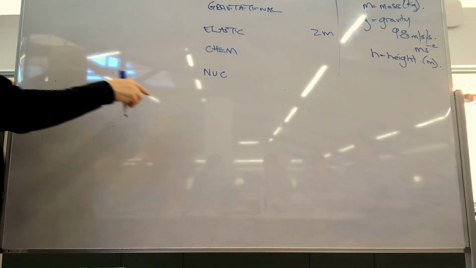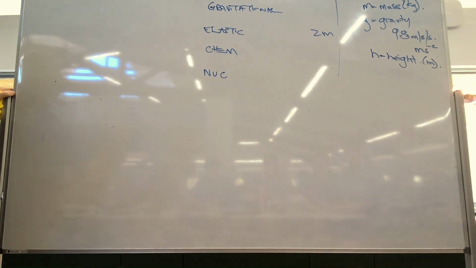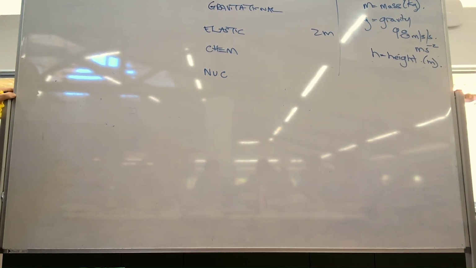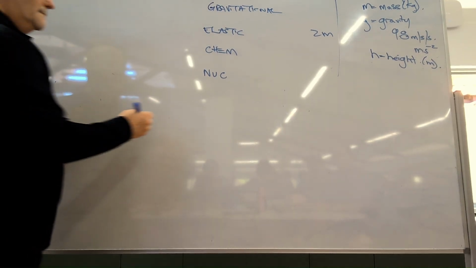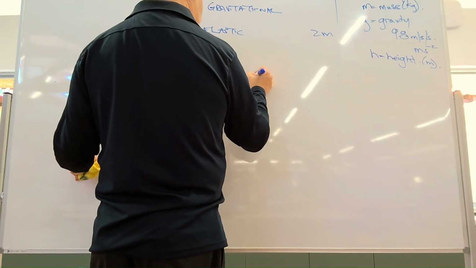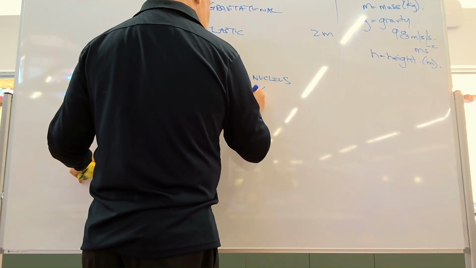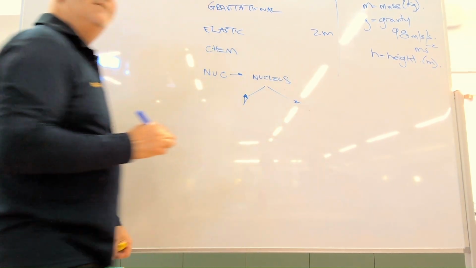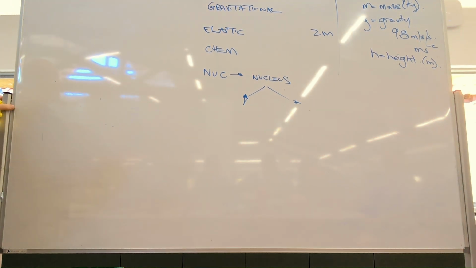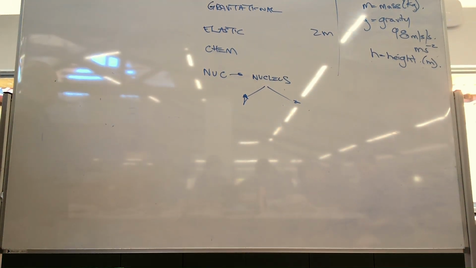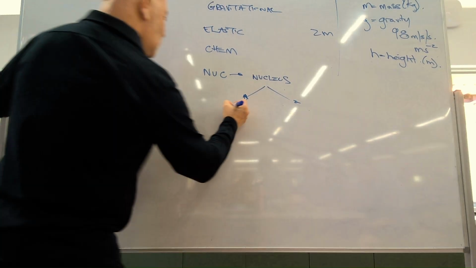Nuclear is the energy within the nucleus of an atom. The interesting thing about the nucleus is if you add something to it, it will explode, and if you try and remove something from it, it will explode.